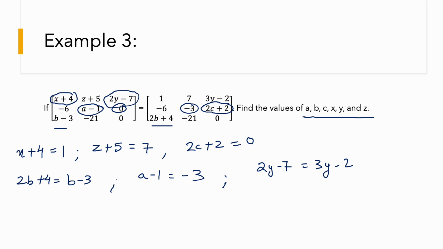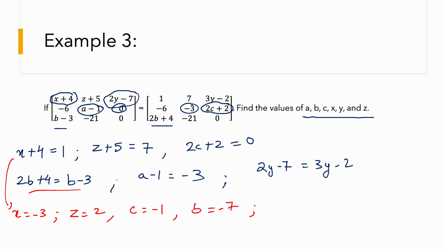So like here x plus 4 is 1, so I can say x is equal to negative 3. Here I can say z is equal to 2. Here I can say c is equal to negative 1, right? Here using this I can say b is equal to negative 3, negative 4 is negative 7, right?